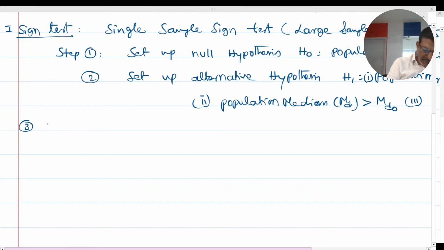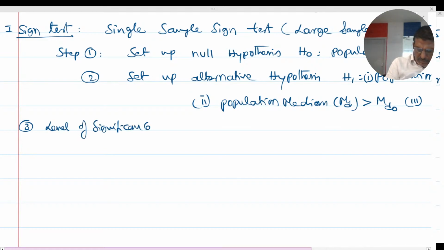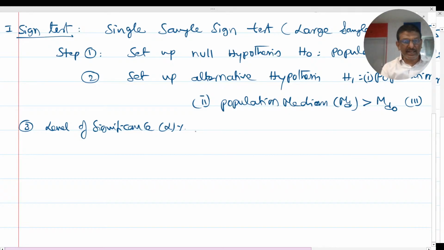So step number 3, level of significance is alpha percent LOS, level of significance. Choose either 5% or 1%.